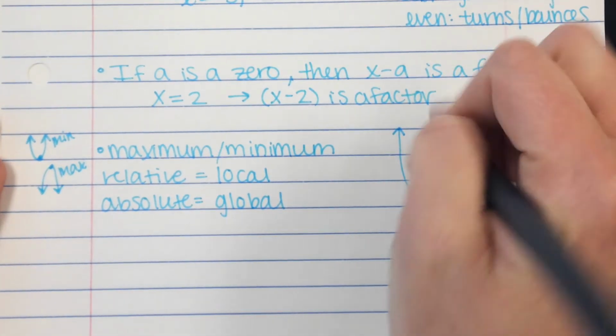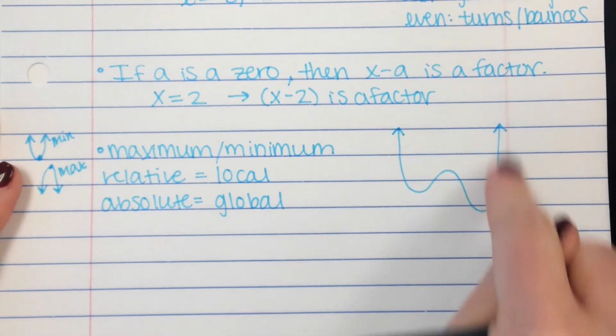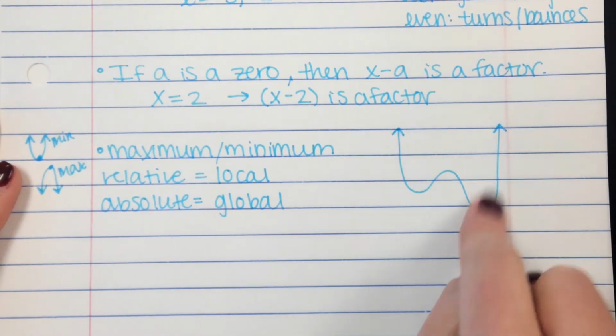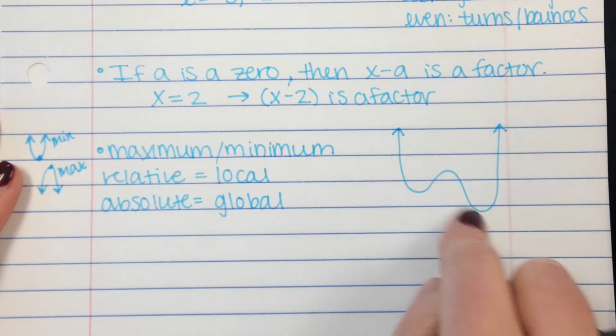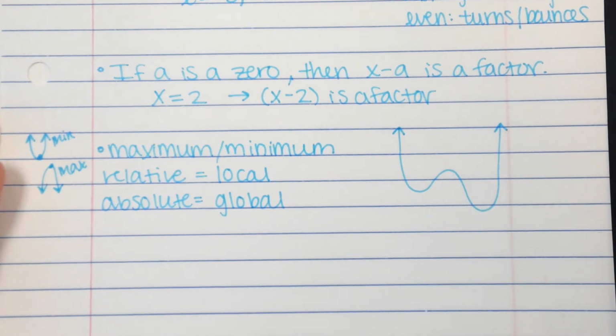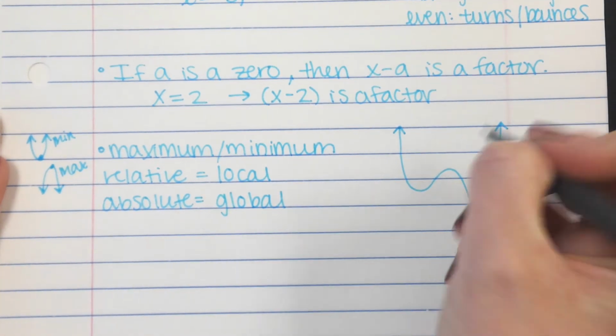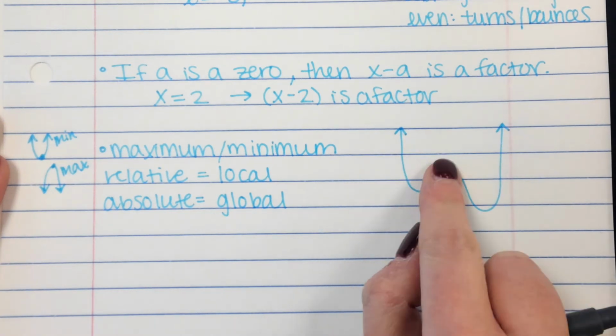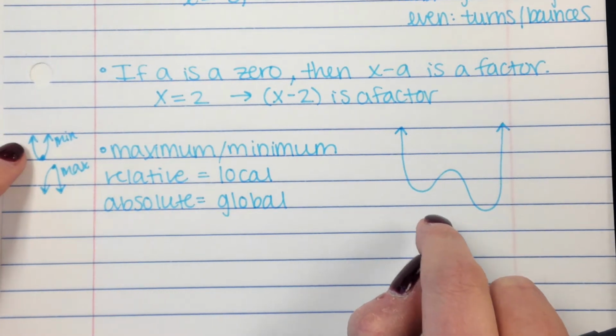So if I was looking here, you can just sketch out this shape. Obviously, this would be an even degree polynomial, because both ends are going in the same direction. We talked about that yesterday. But if you look at this little portion of the U, it looks like this.